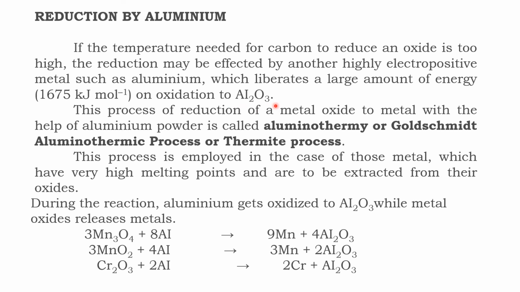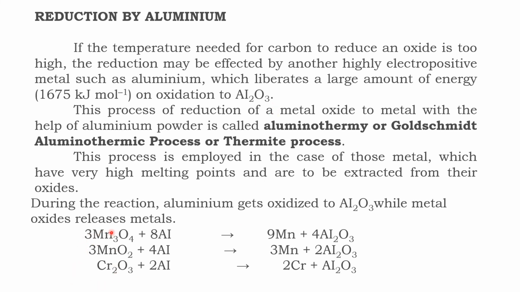The process is called aluminothermic process or thermite process. This process is employed where the metals have very high melting and boiling points, because during the aluminothermic process, a huge amount of energy is produced and that energy is further used in the furnace.